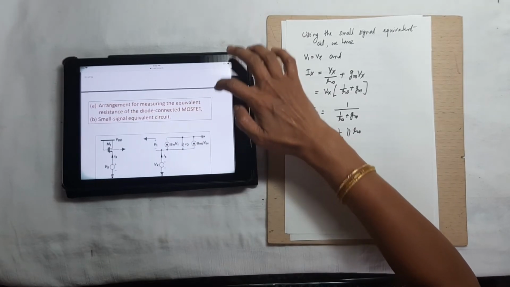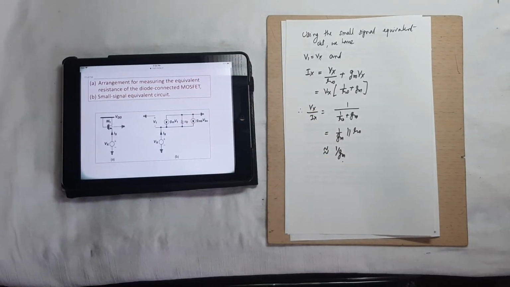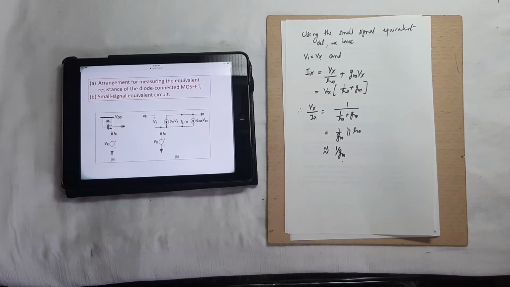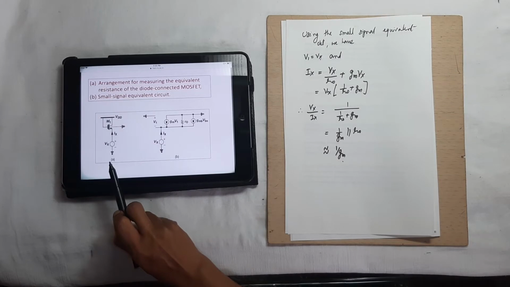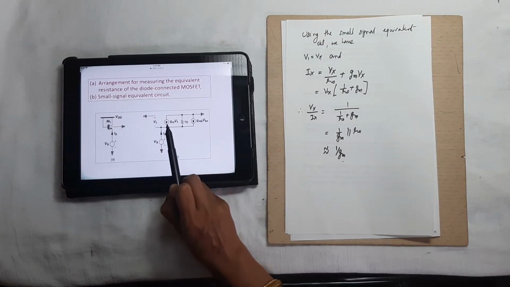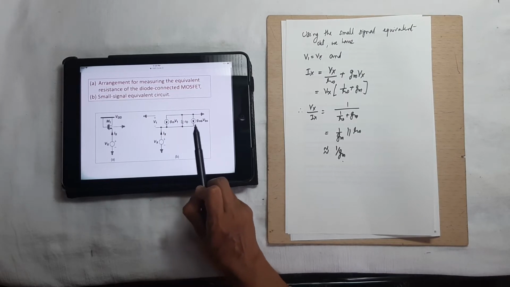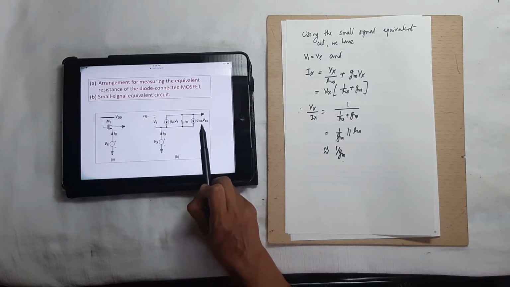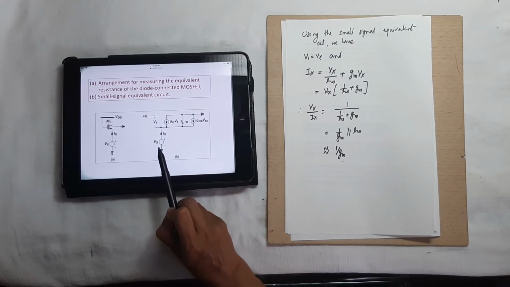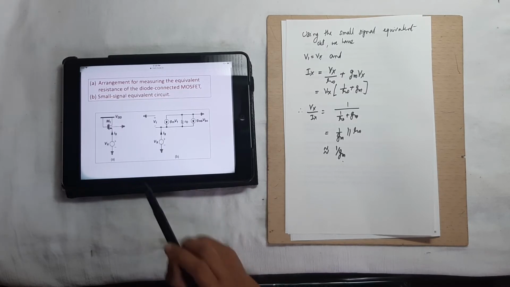Similarly, we have to derive the impedance with the body effect. If the body effect exists, we use the circuit of this structure, and the small signal equivalent circuit remains the same. This is gm times V1, this is R0. Since the body effect exists, we introduce gmb times VBS, and we introduce a voltage source Vx, and because of Vx, Ix is the current flowing.